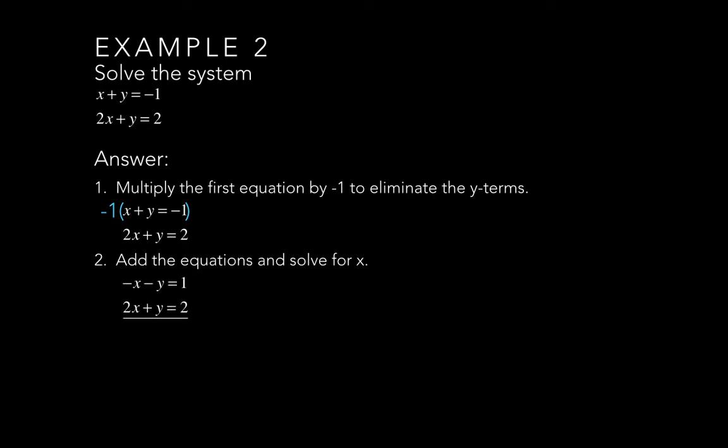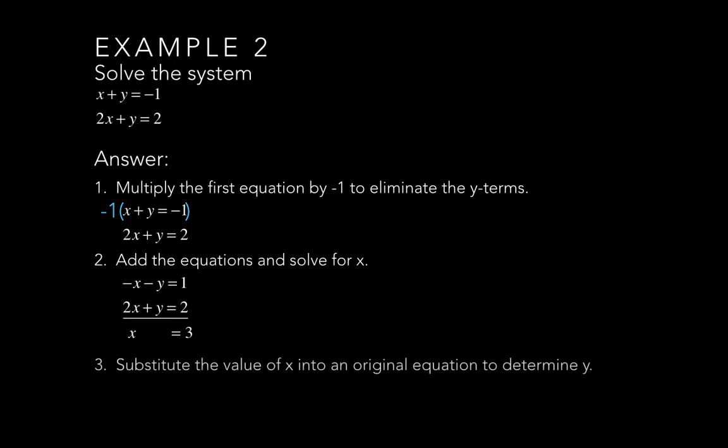Here is my system after I've multiplied the first equation by -1. As you see, we'll have x is equal to 3. We have eliminated the y term, which is wonderful because we can now move on to our third step and solve for the value of y.